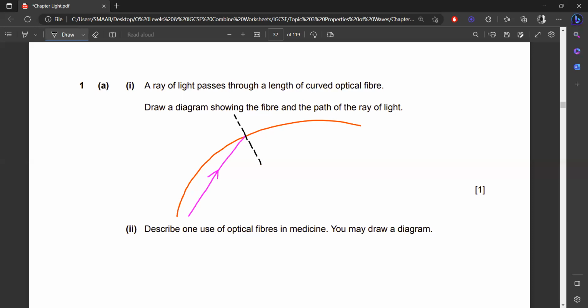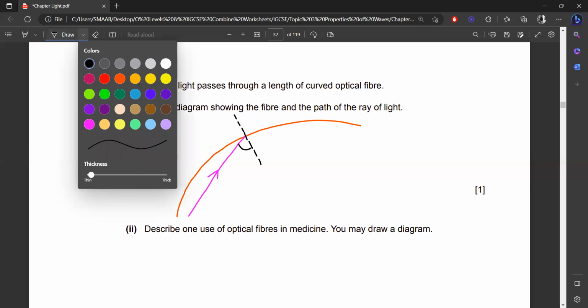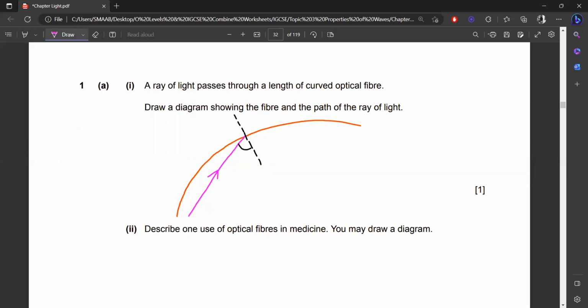So you can easily measure the incidence angle from here. Just estimate it. We don't need to calculate the accurate angle over here. We just need to draw a diagram. With the help of the normal, we get the second ray, or the reflected ray, in the optical fiber.